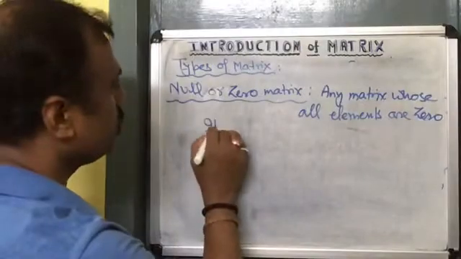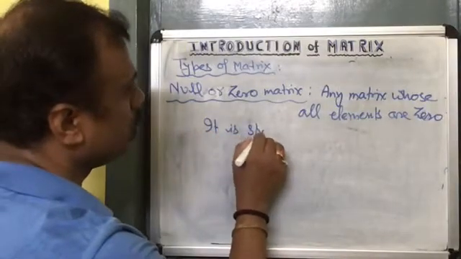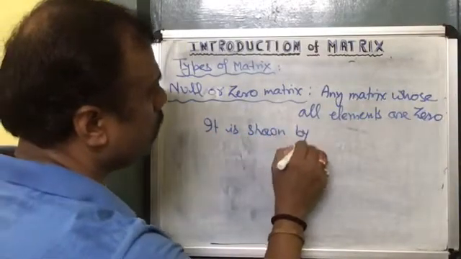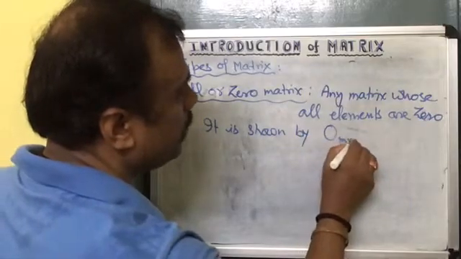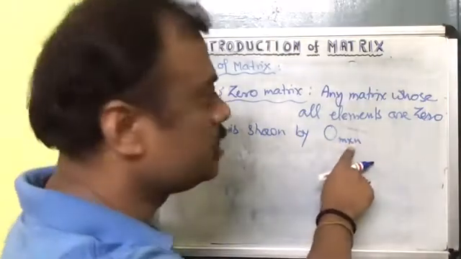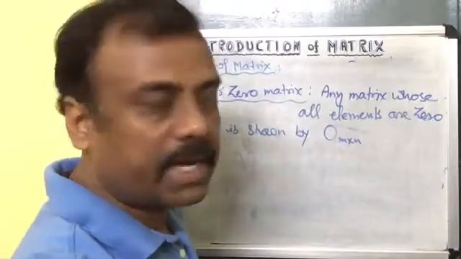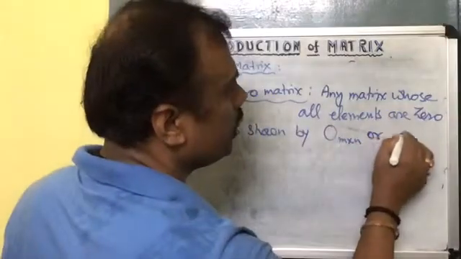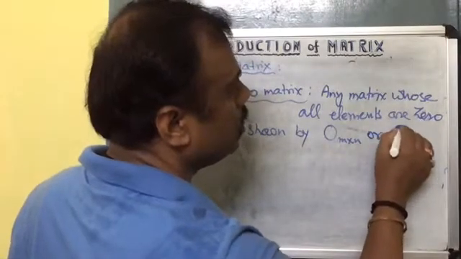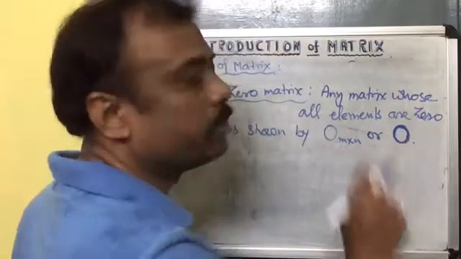And it is shown by 0 m cross n, where m cross n is the order of that matrix, or we can simply show it in bold by 0.